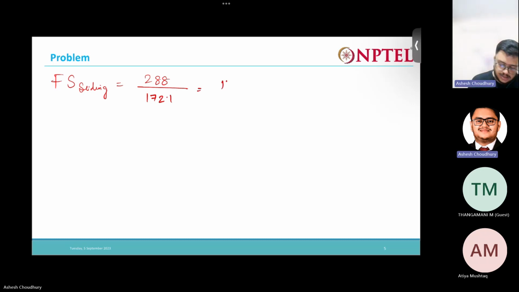So it is 1.67. This is greater than 1.5. So acceptable. All right. So sliding stability is done. What comes next? Next is the overturning stability.